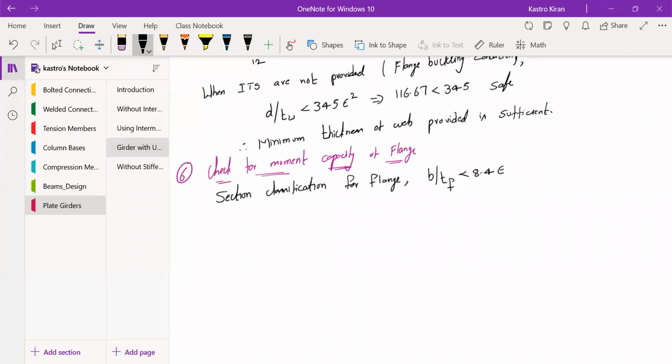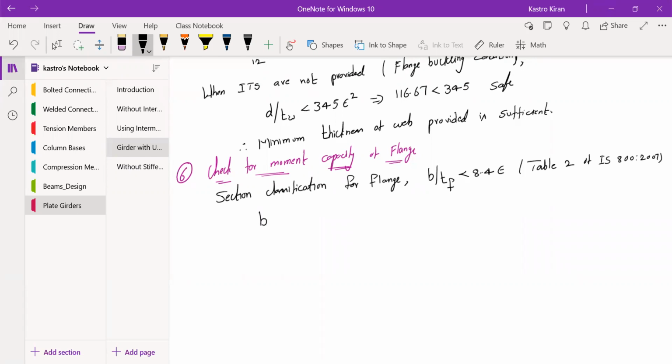This is coming from table 2 of IS 800-2007. Again, you have to find out whether it is a plastic, compact or semi-compact section. Most of the times it will be a plastic section only. So when it is a plastic section, the ratio of B by TF should be less than 8.4 into epsilon.